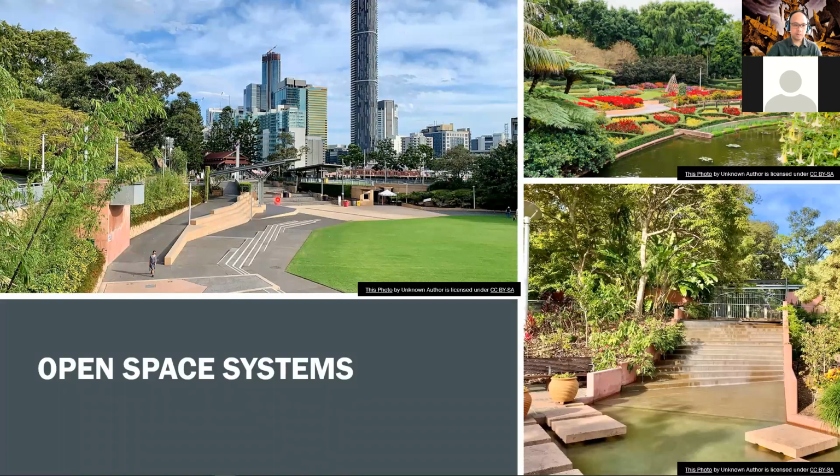Again, in the case of Roma Street Parklands, just off frame on the other side of this grass plaza are several apartment blocks, and they have excellent views overlooking the parklands, especially when the parklands are lit up in the evening during Easter and Christmas holidays.